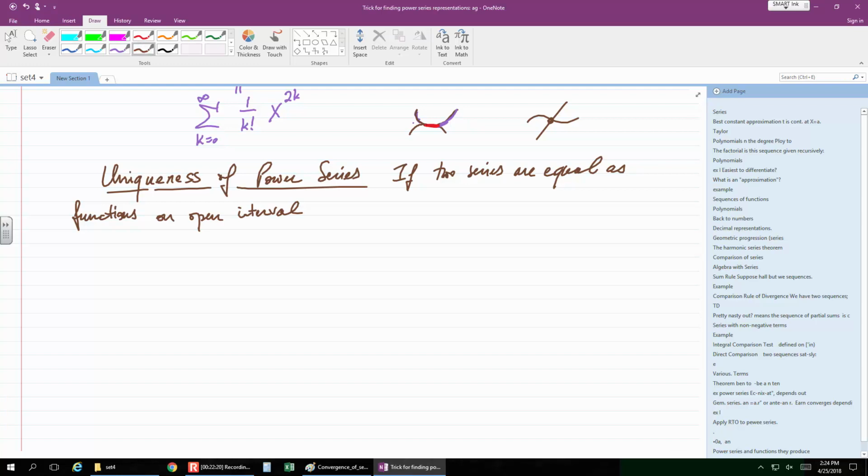So let me finish the statement. On an open interval, then their corresponding coefficients are equal.